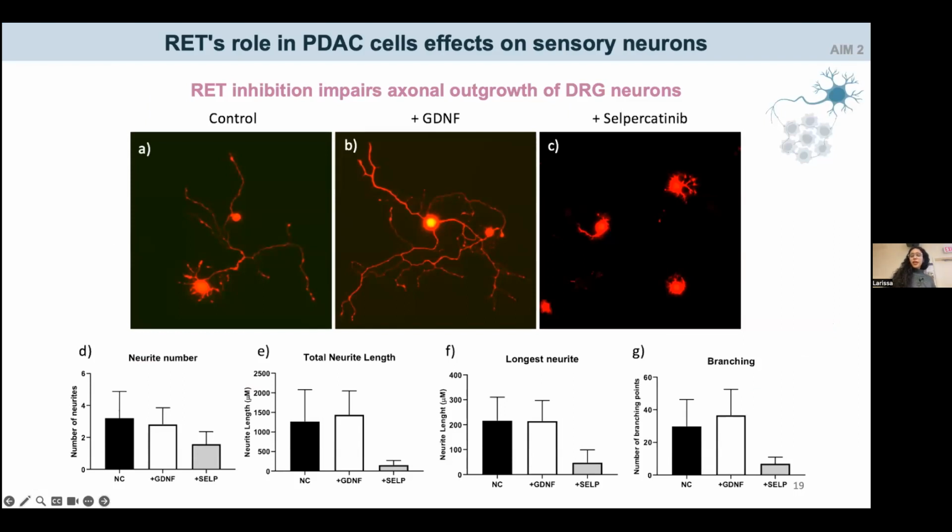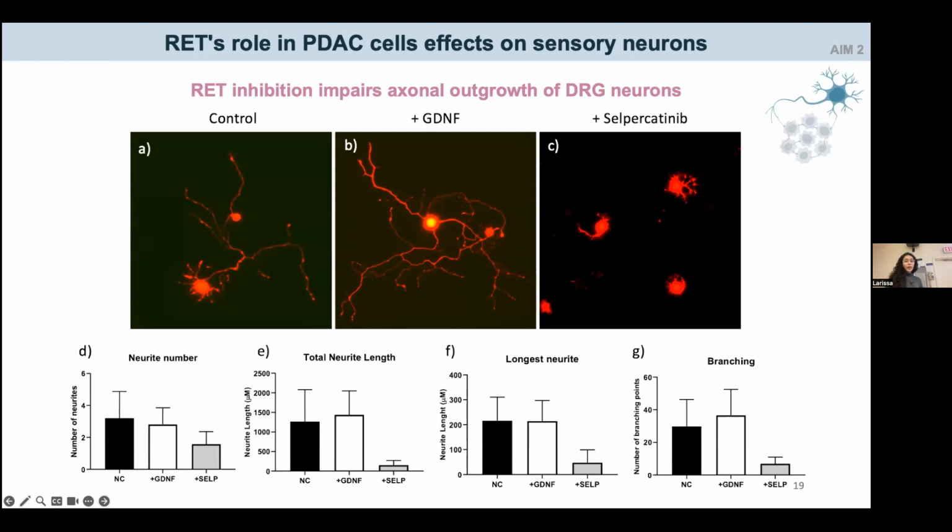Our next objective is to understand how RAD activation mediated by PDAC cancer cells can influence DRG neurons. As I mentioned before, there are different populations of sensory neurons expressing RAD. However, it remains unclear whether this effect is specific to a subset of sensory neurons within the DRG population.